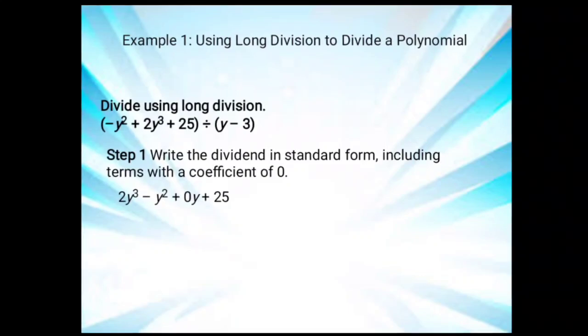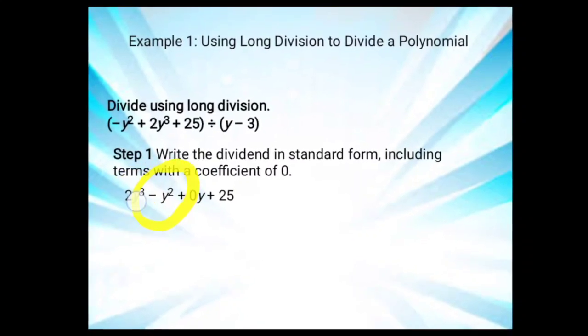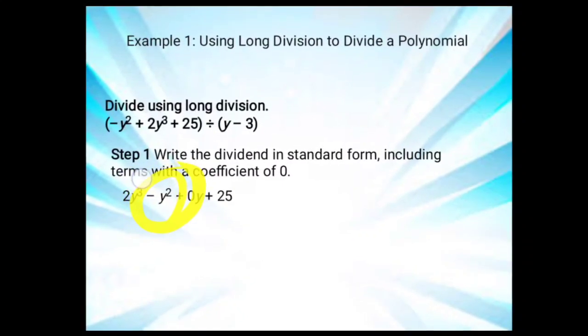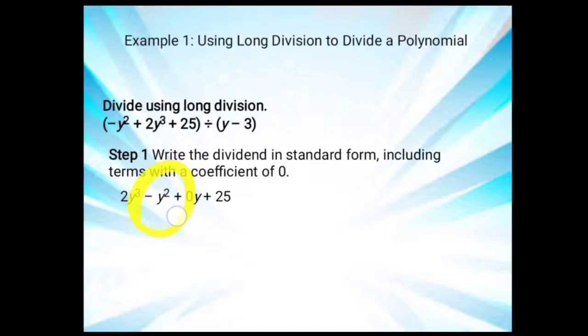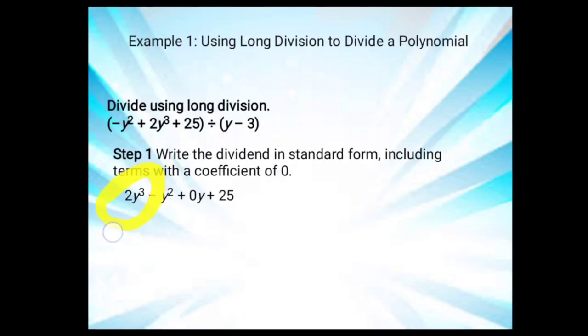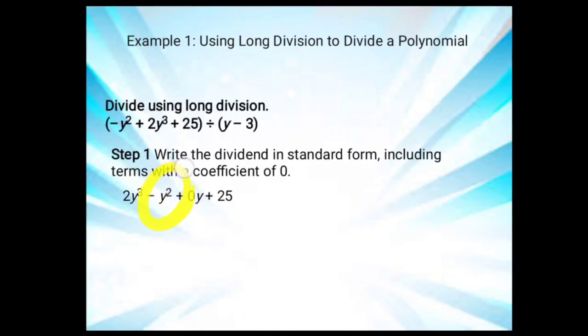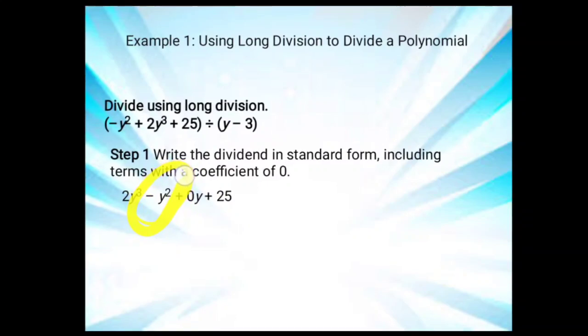When we arrange polynomials in descending order, the term with the highest exponent should be the first term, then followed by the term wherein the exponent is lower than the first one. We have here 3 as exponent, therefore it should be followed by the term wherein the exponent is 2.